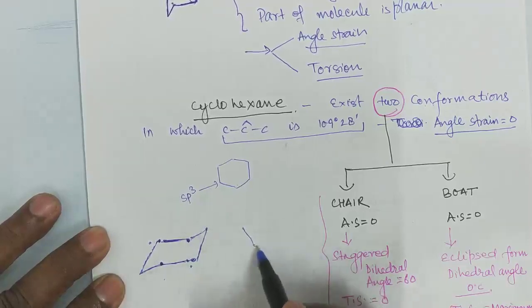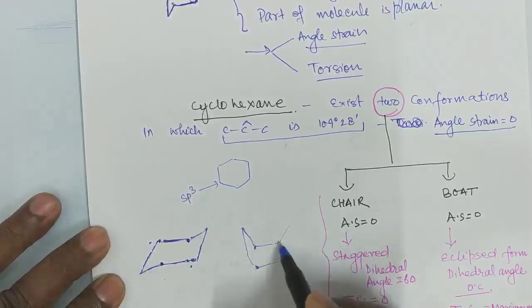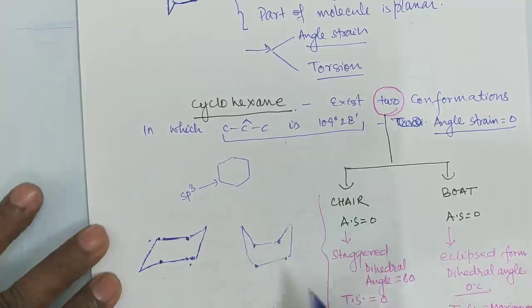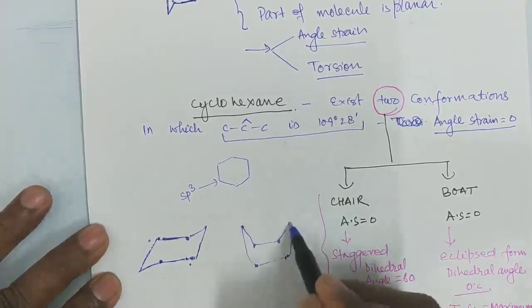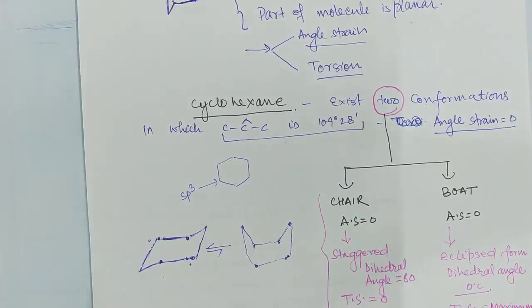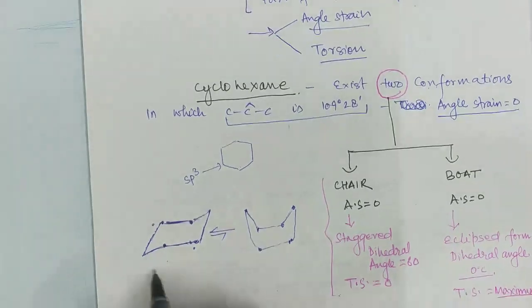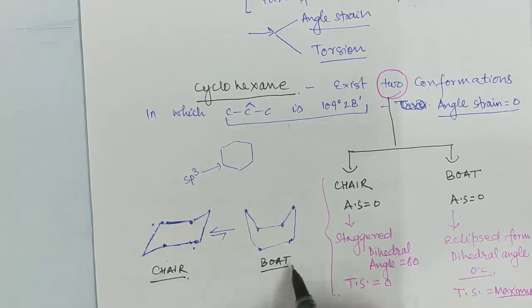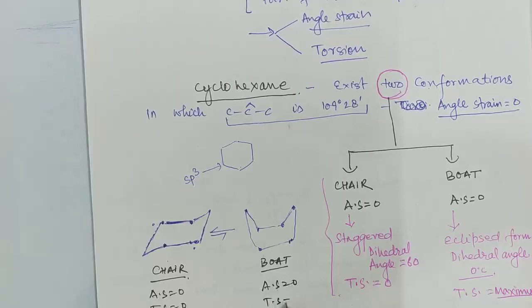And this is again, the four carbons are in the plane and these two are like this. And they are readily interconverted into each other. This is called chair form, and this is called boat form. This is staggered, this is eclipsed. Angle strain 0, torsion strain 0. Angle strain 0, torsion strain maximum.